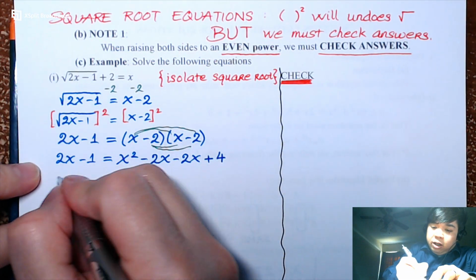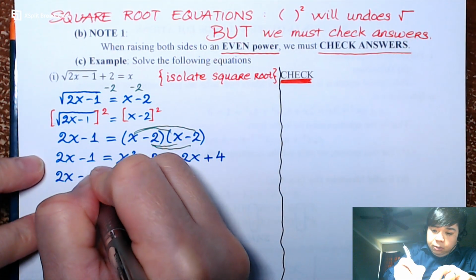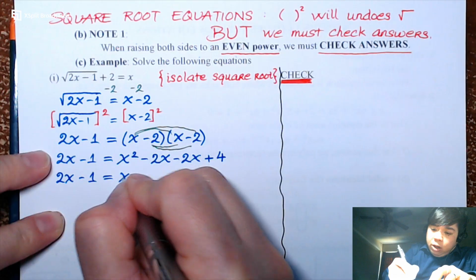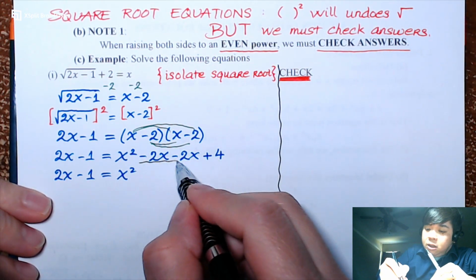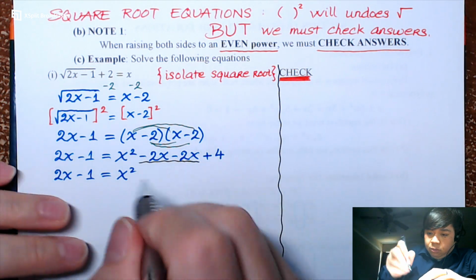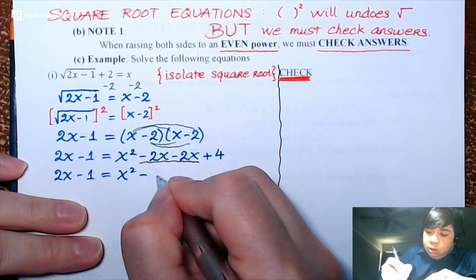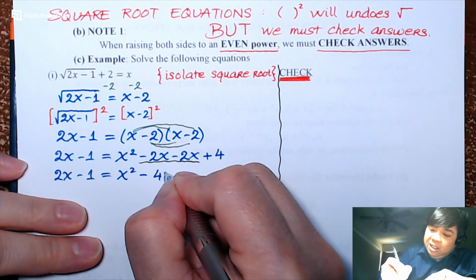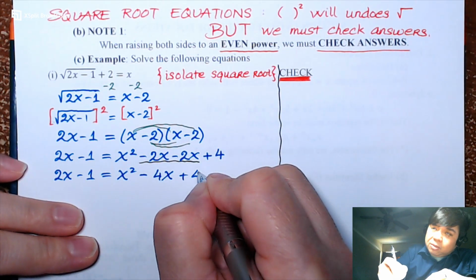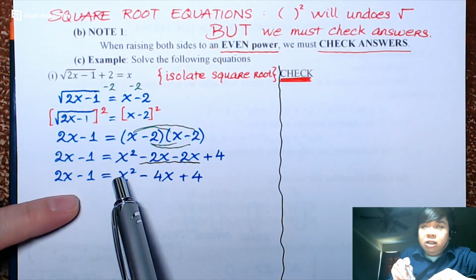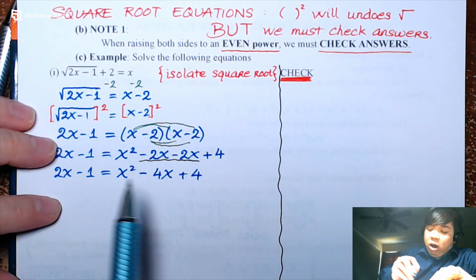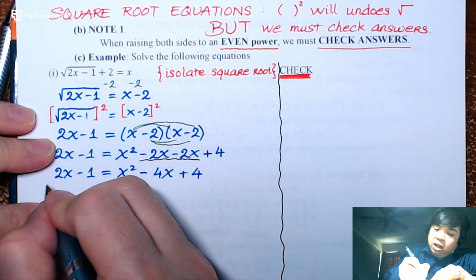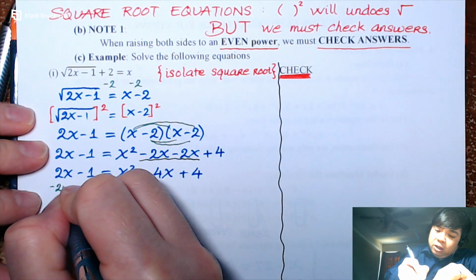And we simplify. x squared minus 2x minus 2x, that's minus 4x, sorry. And now we have a quadratic equation. So let's move everything to one side and use the quadratic formula.